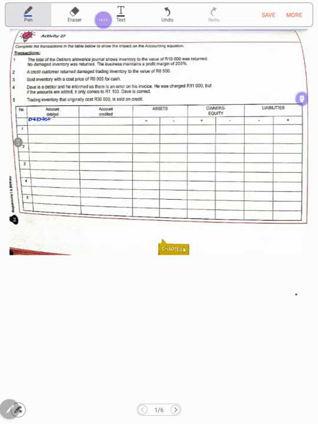Debtors allowances. And then what is happening to the debtor? Do they owe us money? No, they don't, because they returned what they took on credit. So this will be debtors control.